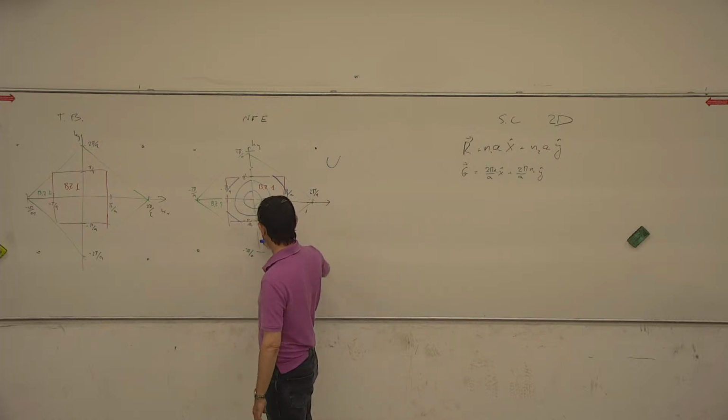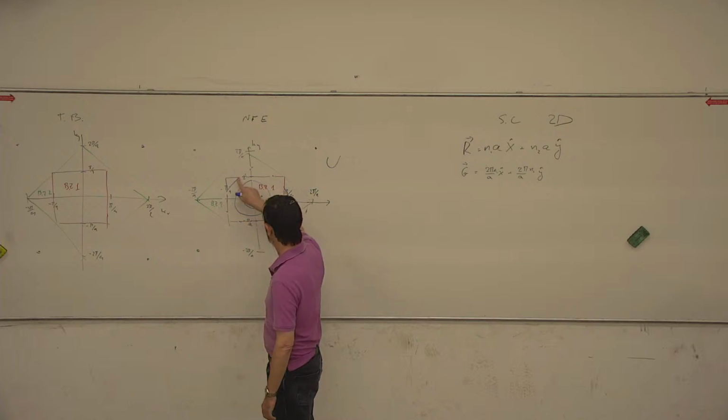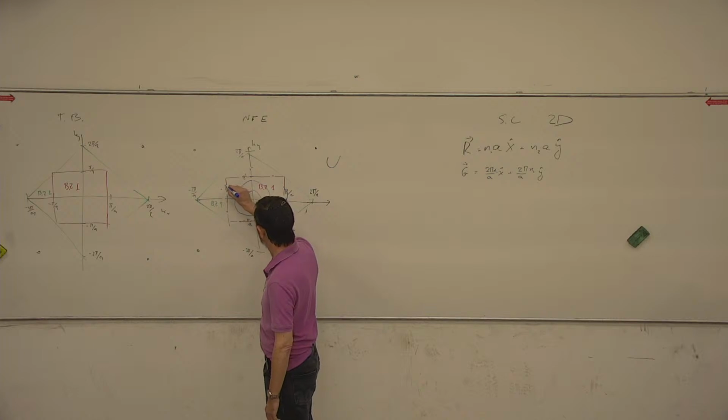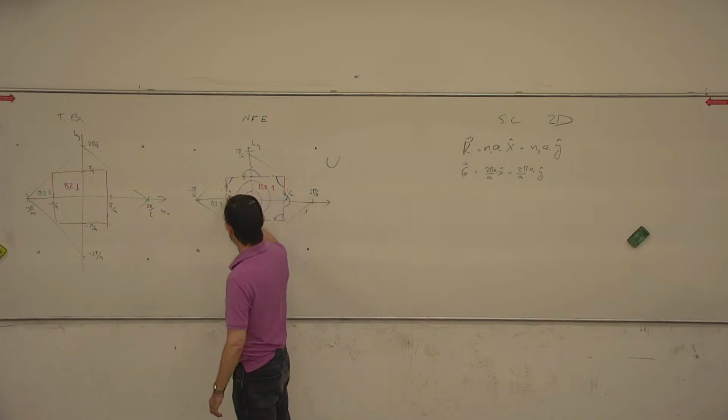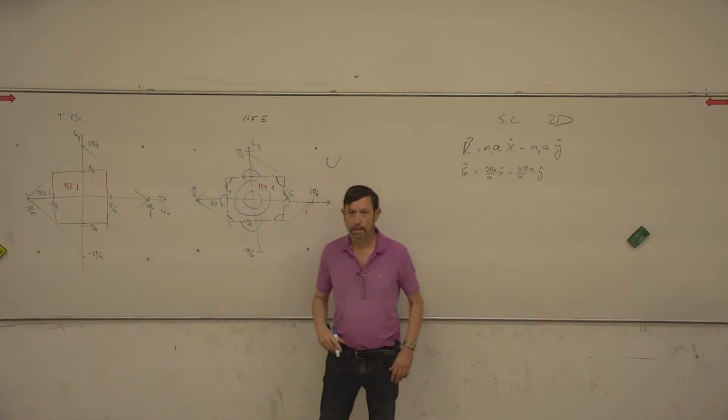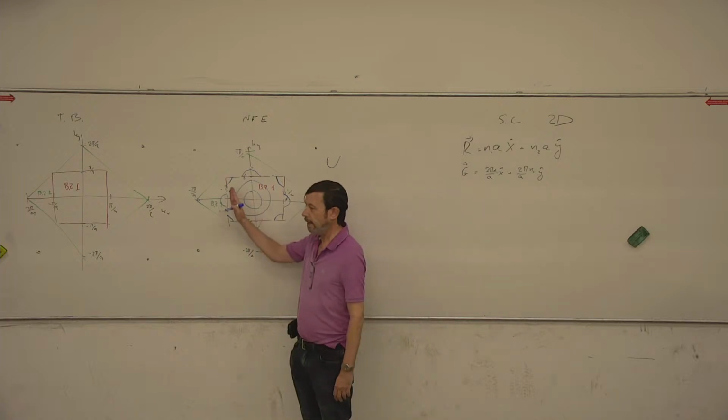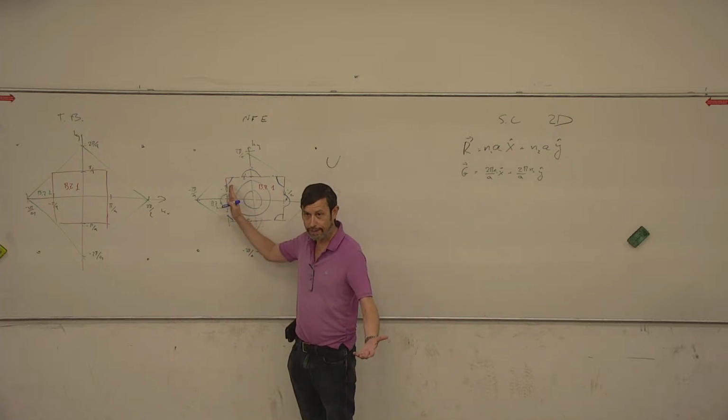So instead of this symmetric circle, you will have as if you have some barrier here.